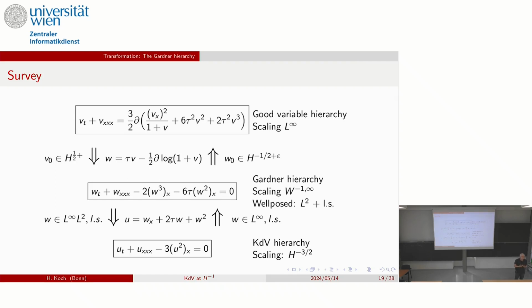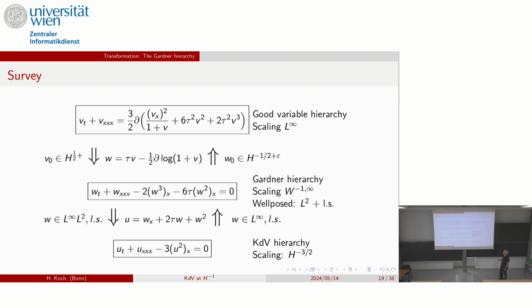Going to W involves solving a first order equation, so there's a gain of one derivative. So here is the first Gardner equation. It has a scaling of W-1 infinity, or h-1/2, whatever you prefer. And here you have the good variable, which has the scaling of L infinity.